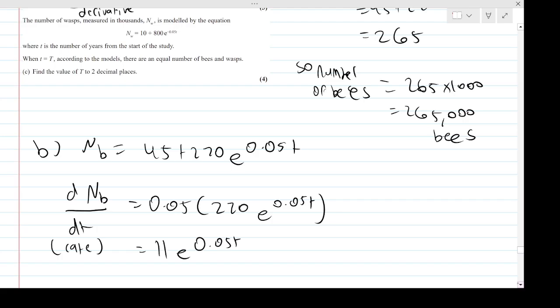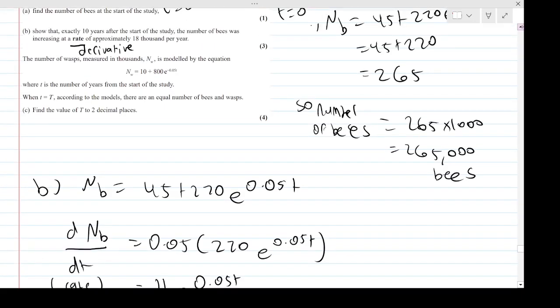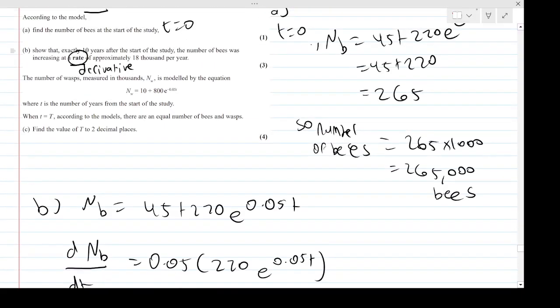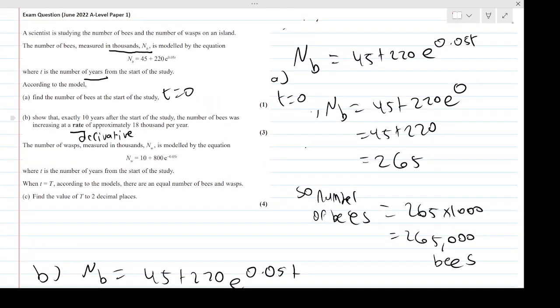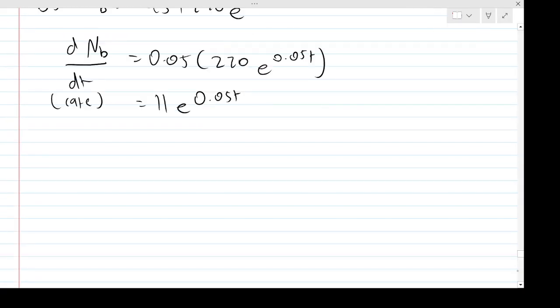I'll emphasize it again. If you see anything to do with rate, it always means derivative. You need to differentiate. Always differentiate when you see anything to do with rate. Okay, then it says exactly 10 years. So that means when t is 10, right? So I'm going to substitute that into the derivative.